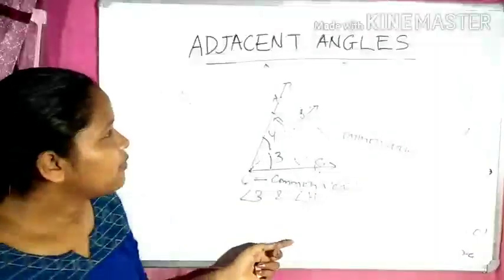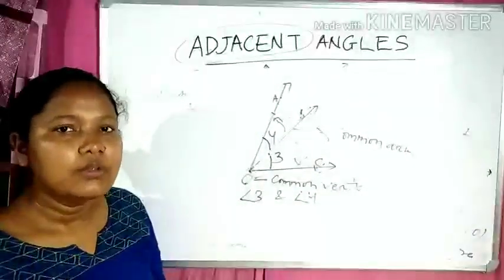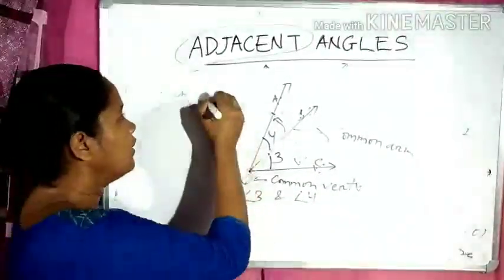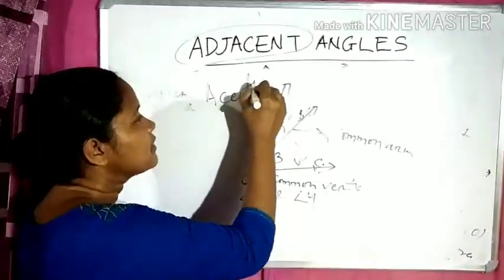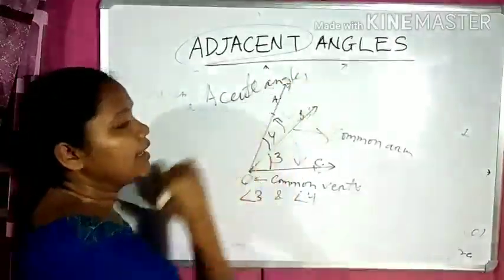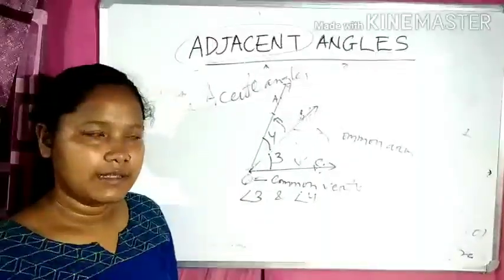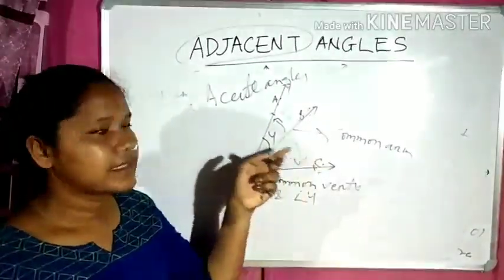So this proves that two acute angles can be adjacent angles. So this is about adjacent angles.